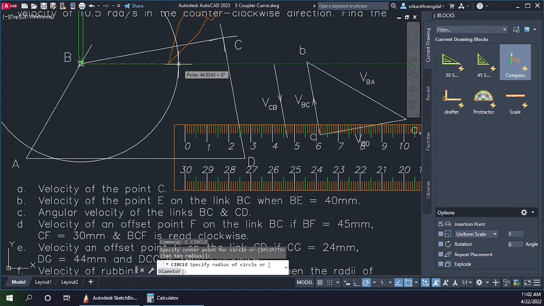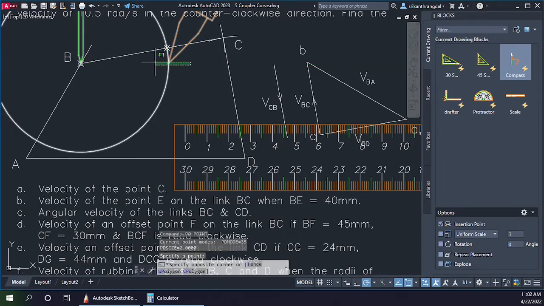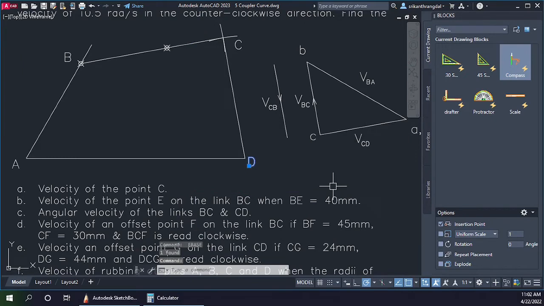The point we get here is the point we want. So this point here is point E, capital E. Now we need to find the velocity of this point E.